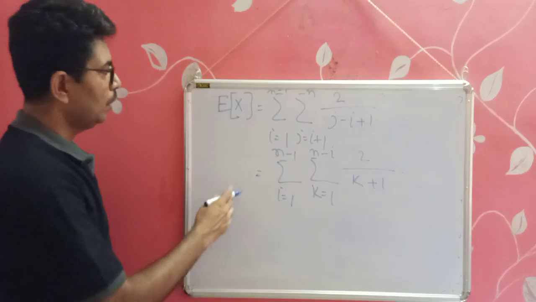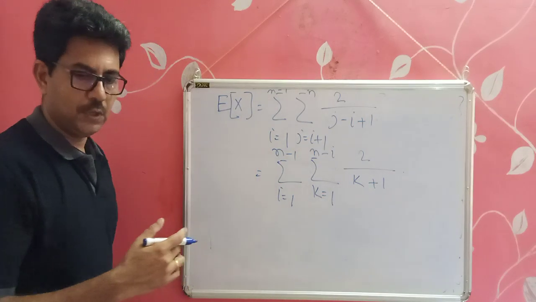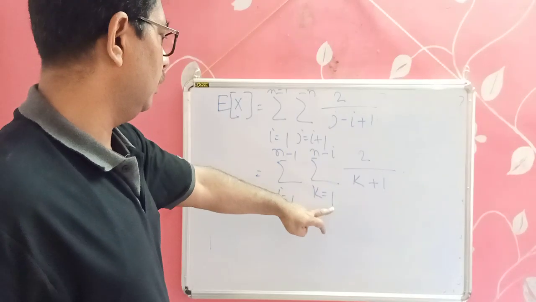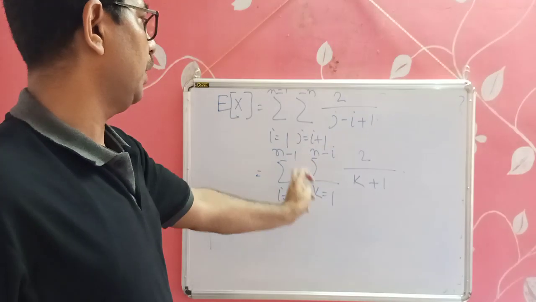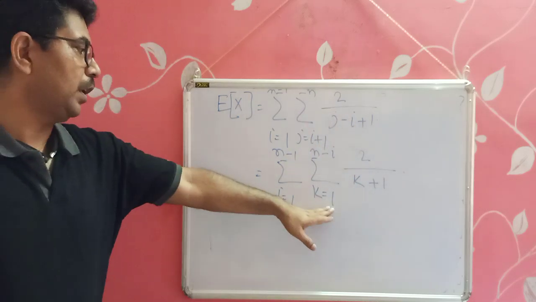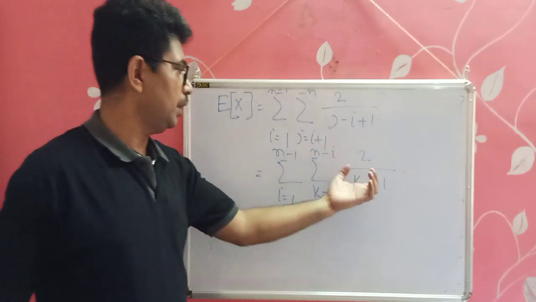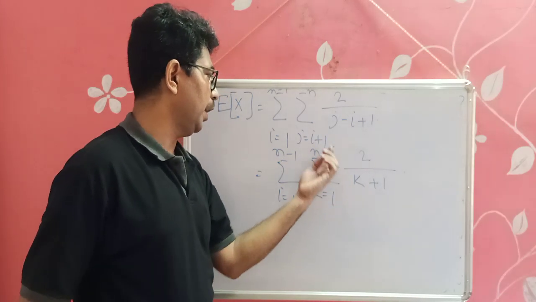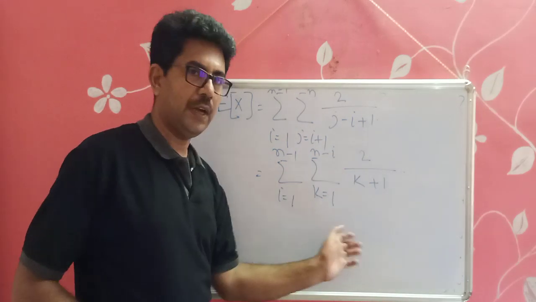So then what can you write? We can change this limit from k equals 1 to n minus i to a larger value, maybe k equals 1 to n. Since all these are positive values, if we extend the limit to n, automatically the sum will be higher than this.